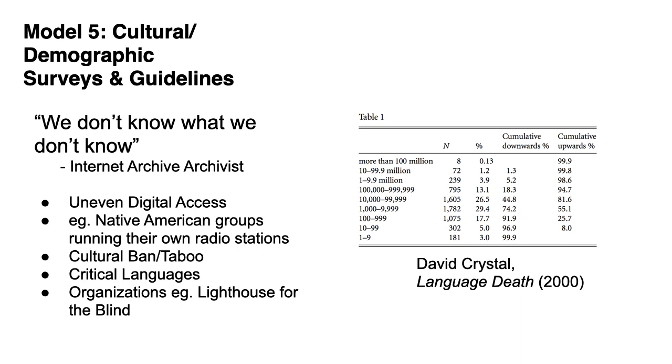Again, finally, there are cultural and demographic surveys and guidelines in archives. So one example is when we're looking at data sets, right? I think in computer vision or in NLP, we're driven by what's available. So let's use Reddit, right? People are going, let's use Reddit.